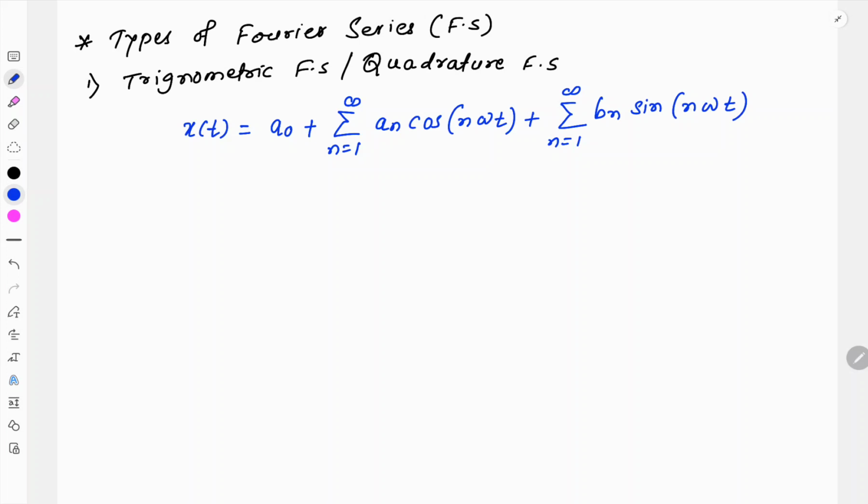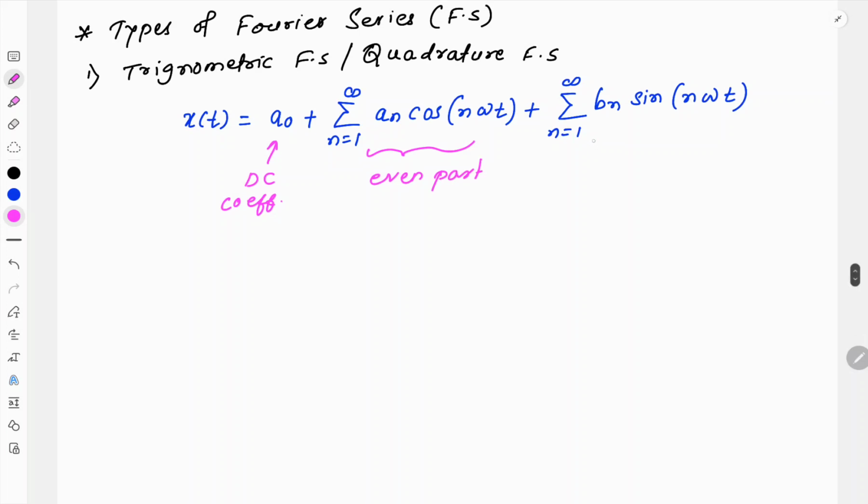This is the representation of trigonometric Fourier series. Here this a0 is called the DC coefficient, an cos n omega t is the even part of the signal, and bn sine is called the odd part of the signal.